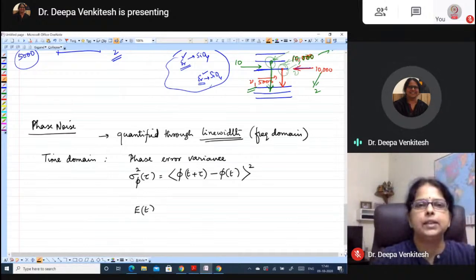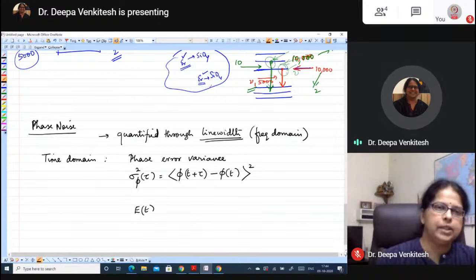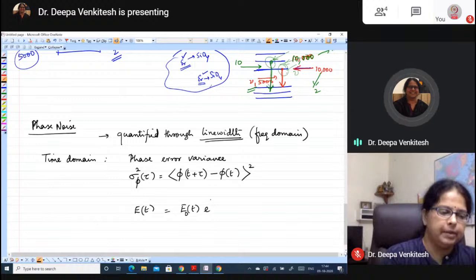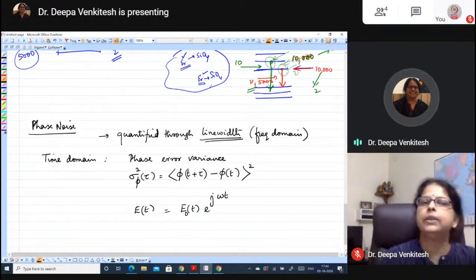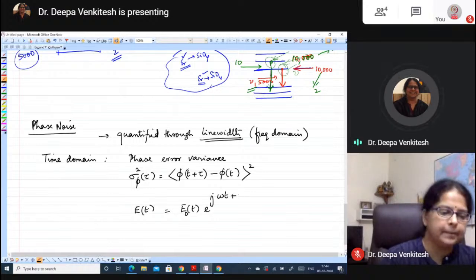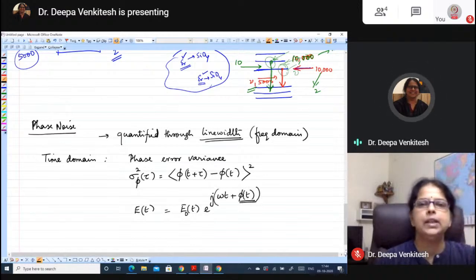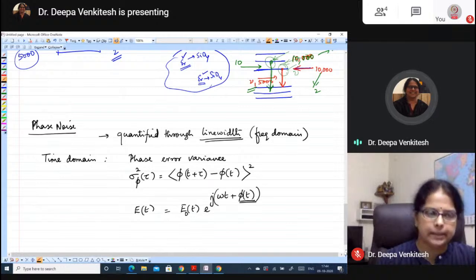Just to clarify, E of t is the electric field that represents the output of a laser. We start with E of t equal to E naught of t times e to the power j omega t, where omega is the center frequency of the laser, plus phi of t. And this phi of t is continuously changing with time.